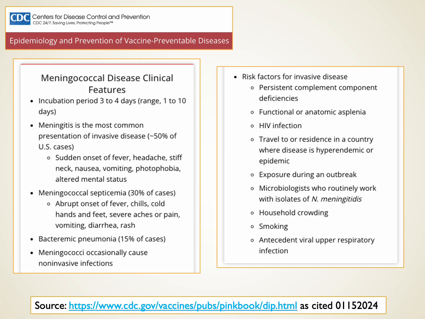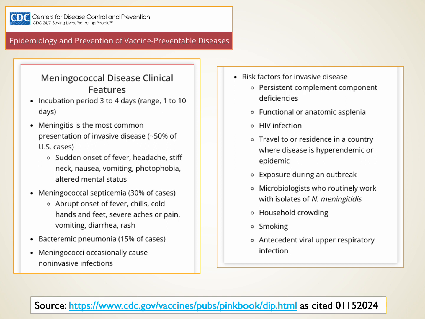The clinical features: it has an incubation period of 3 to 4 days. Meningitis is the most serious and most common of the serious invasive disease you'll see, with a sudden onset. Meningococcal septicemia also has an abrupt onset of fever. There can be a bacterial pneumonia, and it can sometimes be non-invasive types of infections as well.